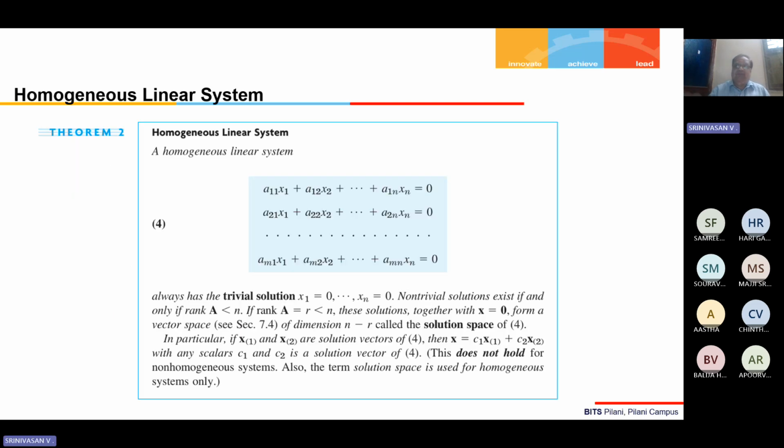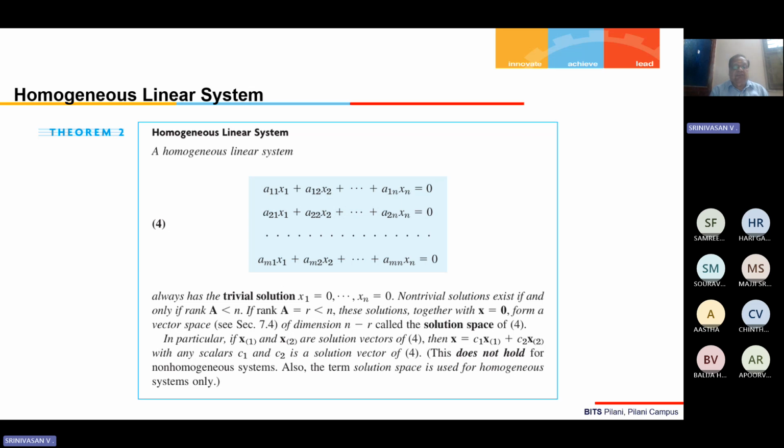Homogeneous: again, you know very well, if the right hand side constants are all zeros, you have the matrix multiplication representation of the system 1 as AX equal to O, where O is the zero vector. This has the trivial solution, x1 equal to 0, etc., xn equal to 0.